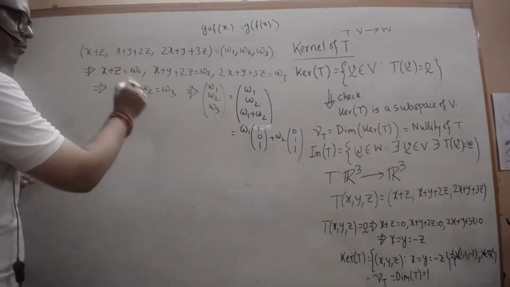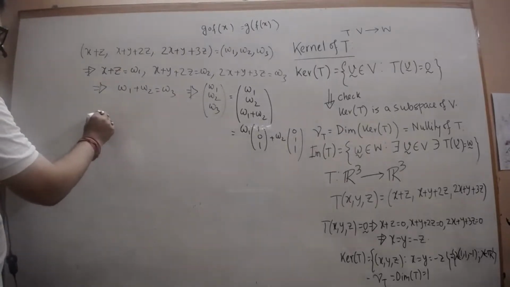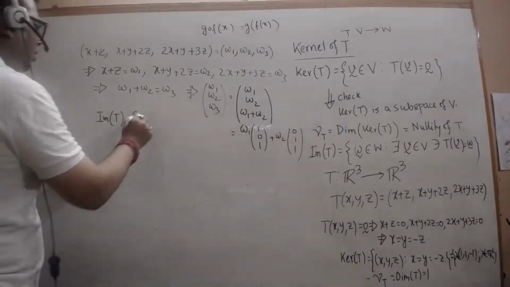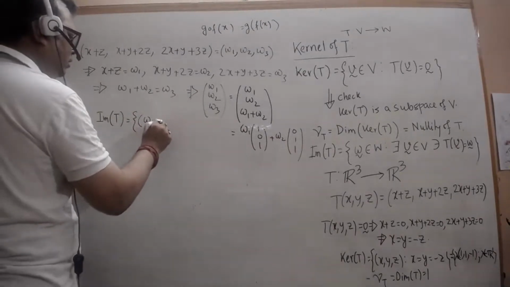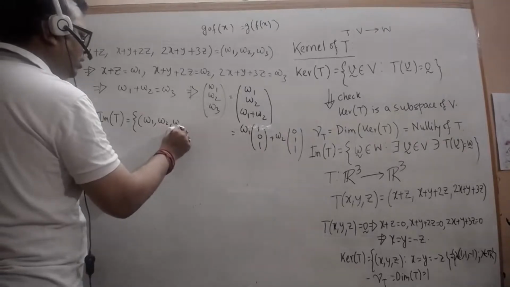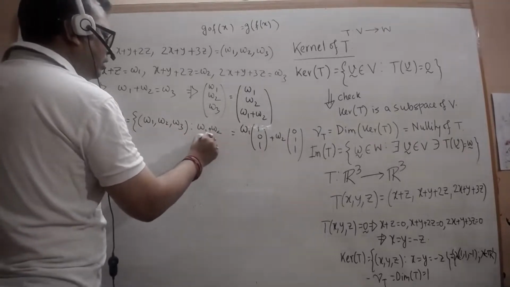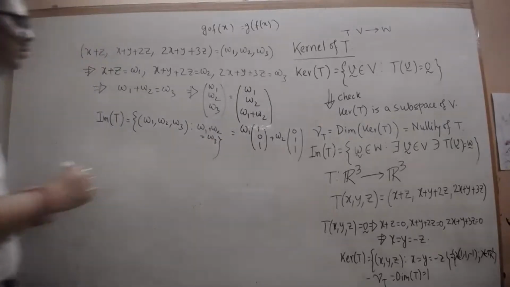So image of T is a collection of vectors (W1, W2, W3) where W1 plus W2 equals W3.